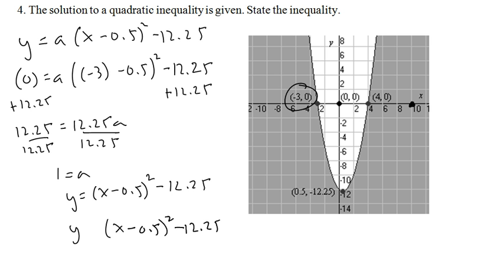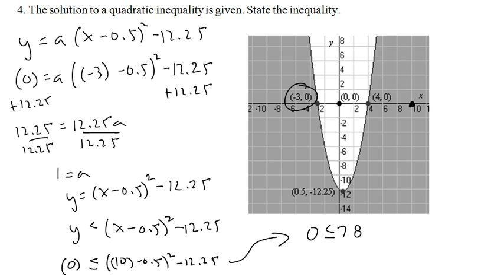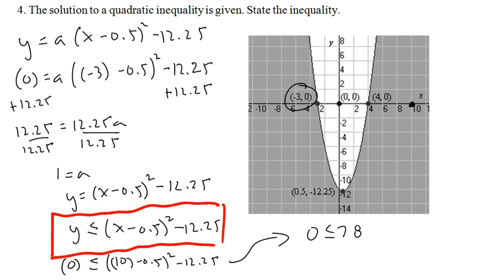What's that, (10, 0)? That gives me 0 on the left and 78 on the right, which means that our Pac-Man must be facing that way. So the graph on the right represents the solution to this inequality here. It's all of the values of x and y that make this inequality true. It is right there.